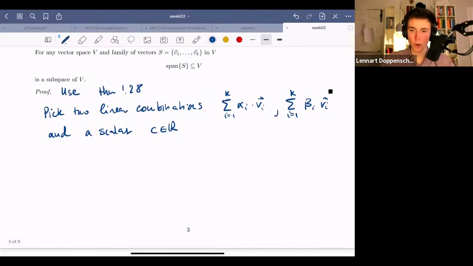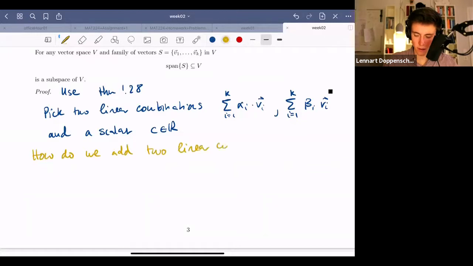So how do we add two linear combinations? I guess that's the only thing that's not clear about how to apply 1.28. Does anyone have an idea how we could add two linear combinations?